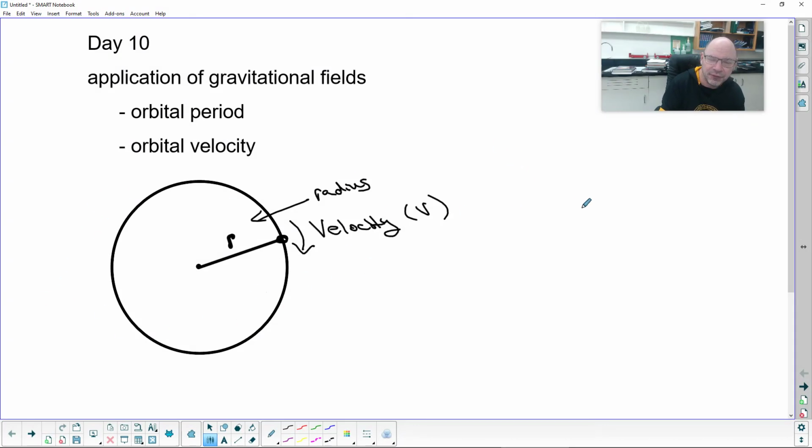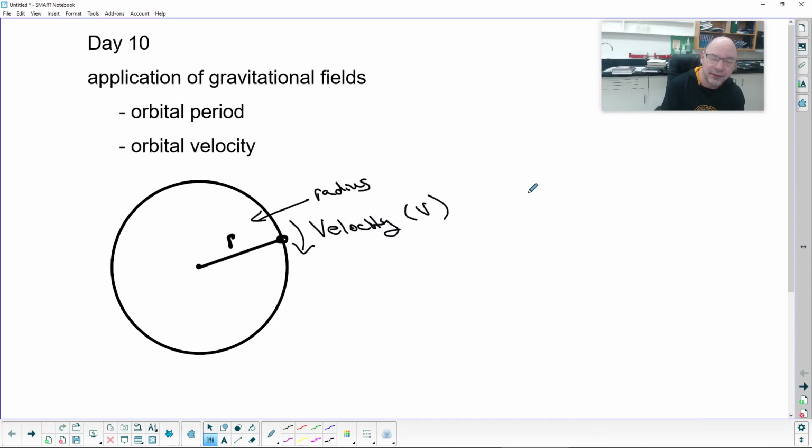Okay, and if we want to get the centripetal acceleration of objects going in a circular path, they accelerate not because they're speeding up or slowing down in the magnitude of their speed, but mainly because they're constantly turning in a circle. So that constant change of direction will cause an acceleration as well.